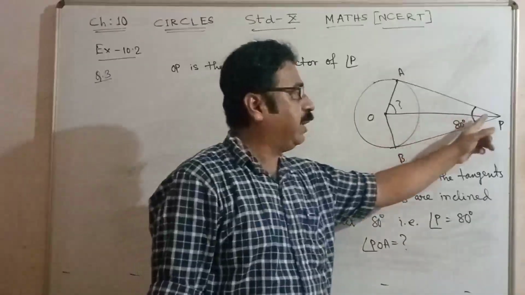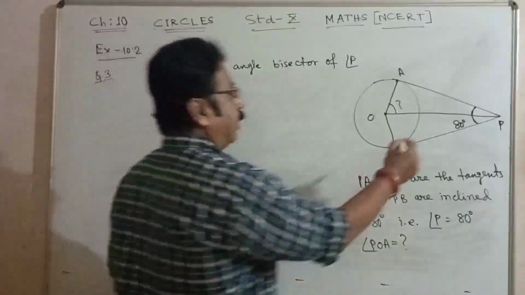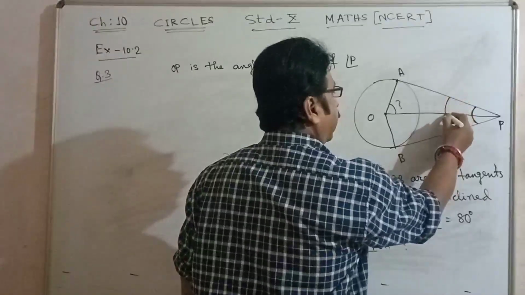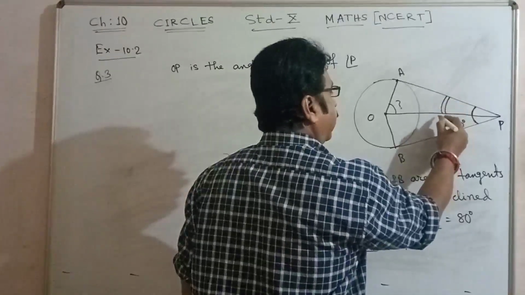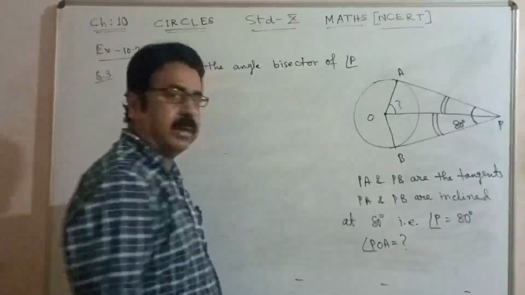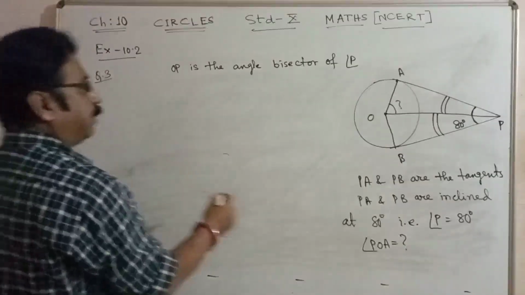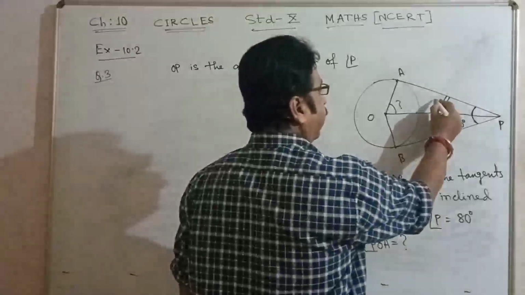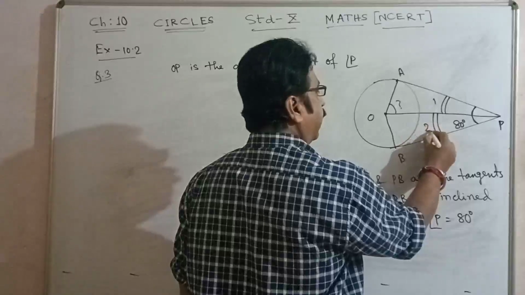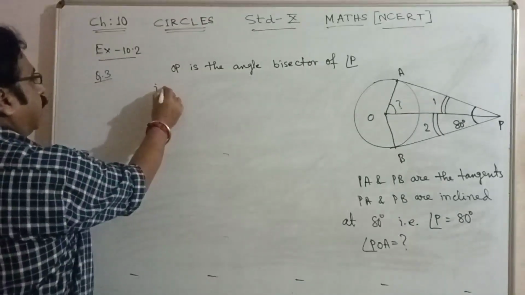That means OP is the angle bisector of this angle P, and this angle and this angle are equal. Suppose this angle is angle 1, this angle is angle 2.